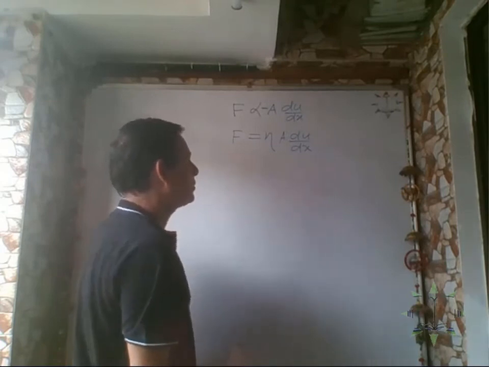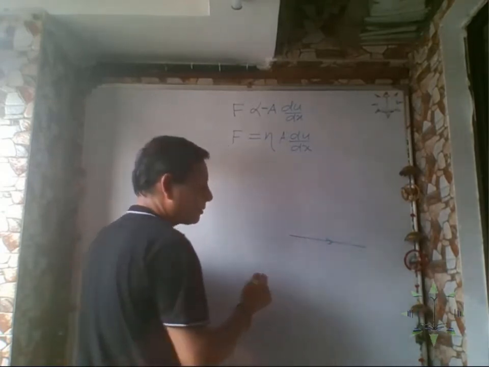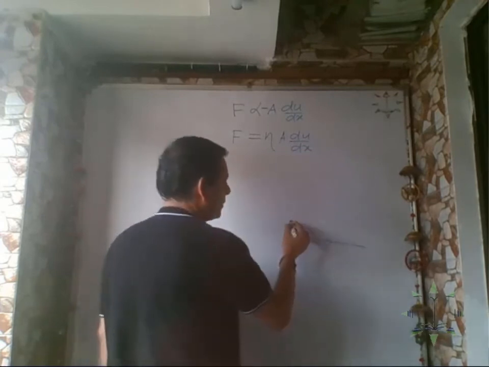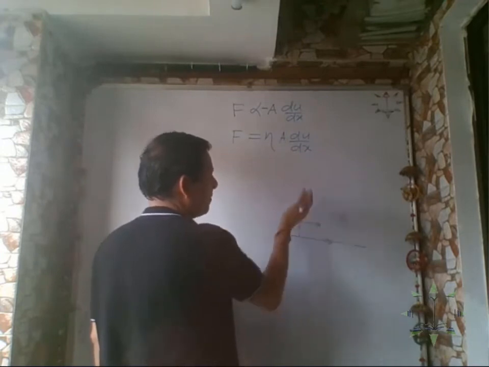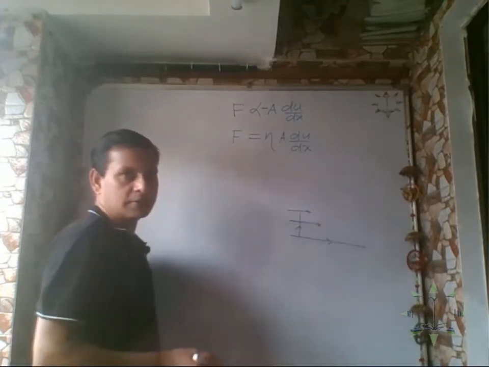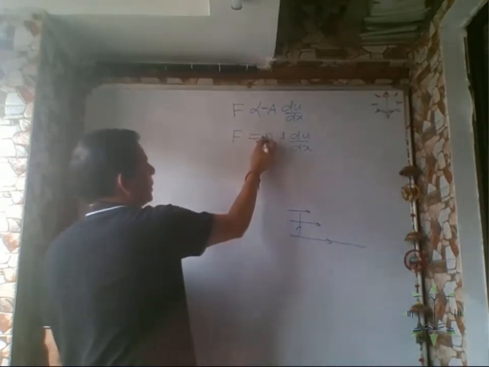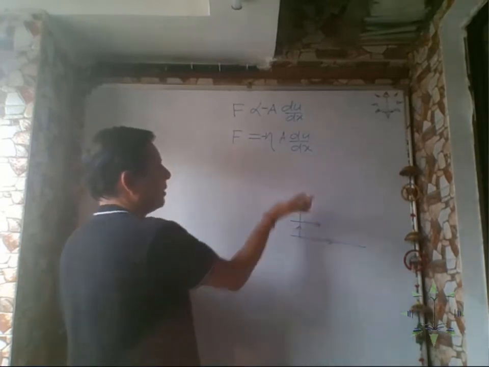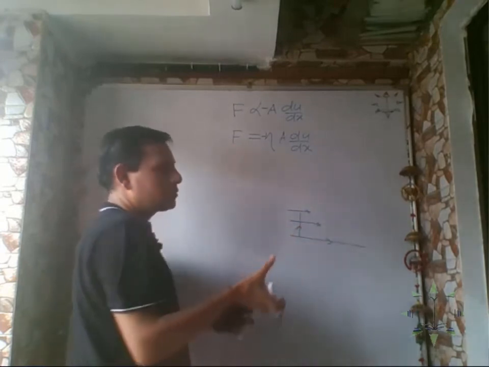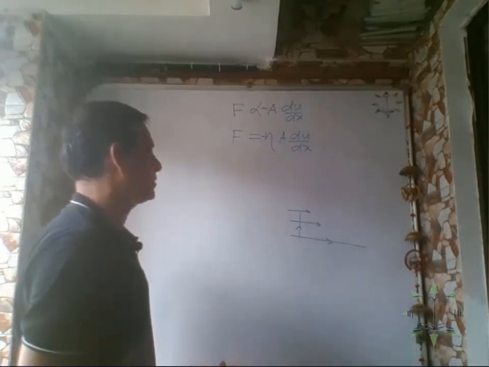You can understand the negative sign in this way, that the central layer is having maximum velocity, then the upper layer, then as we go up the velocity decreases. Okay, and this is the reason we have this negative sign. So the negative velocity gradient, as we go up the layer, as the radius of the layer increases, the velocity of the layer decreases.